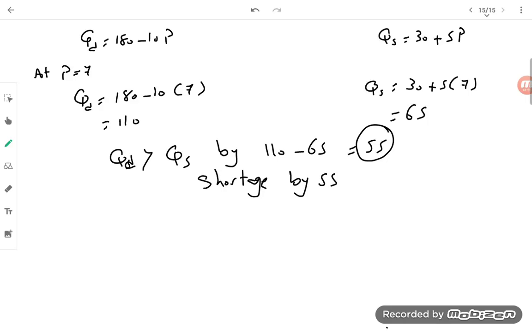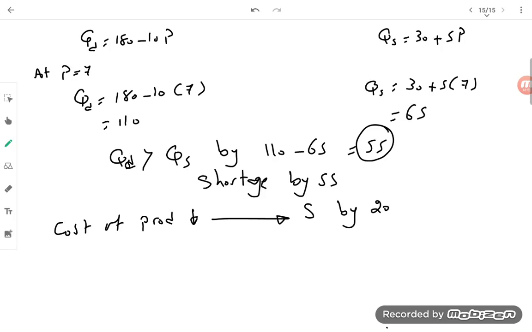What is the new equilibrium price and the quantity?